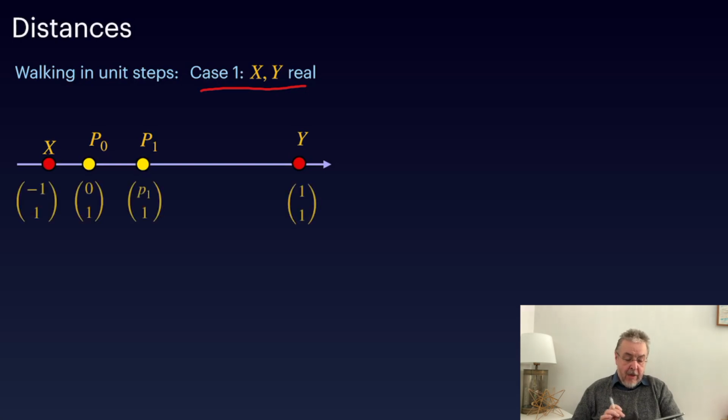And so the first thing I want to consider is the situation that X and Y are distinct and real, and up to projective transformation I may assume that they are located, if this here is the real axis, at points -1 and 1, and here you see my coordinates in the standard embedding.